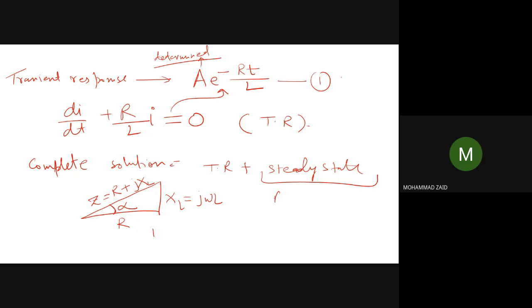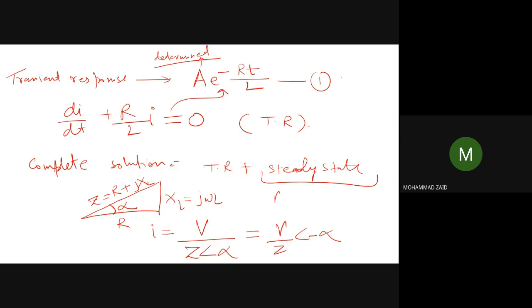So the current I in steady state can be written in phasor form as V by Z at an angle of alpha. Basically it will be V by Z at an angle of minus alpha if you take it to the numerator.